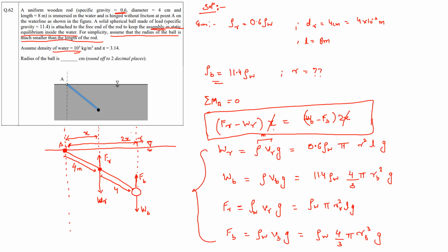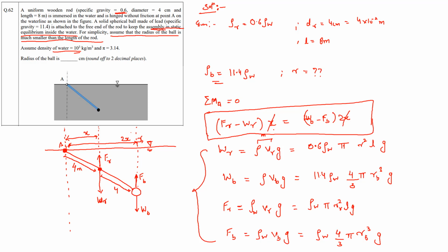I won't go through the calculations. If anybody has any doubts on what we did just now, please ask me. Otherwise, please do this calculation and tell me what the final answer is.